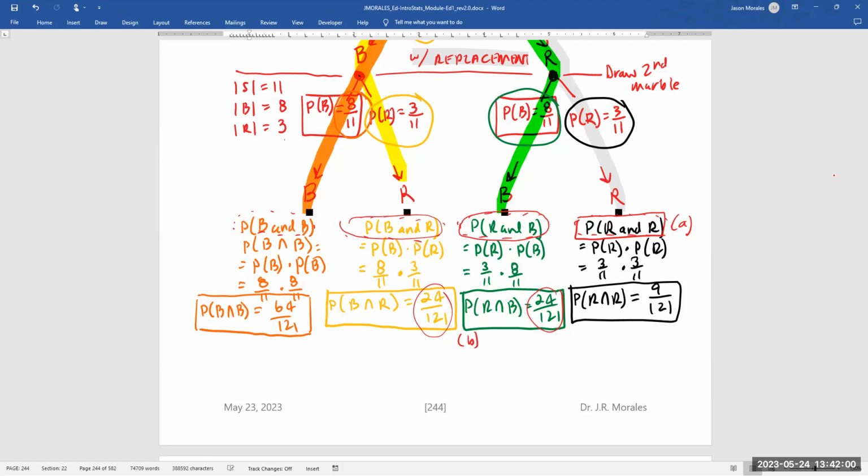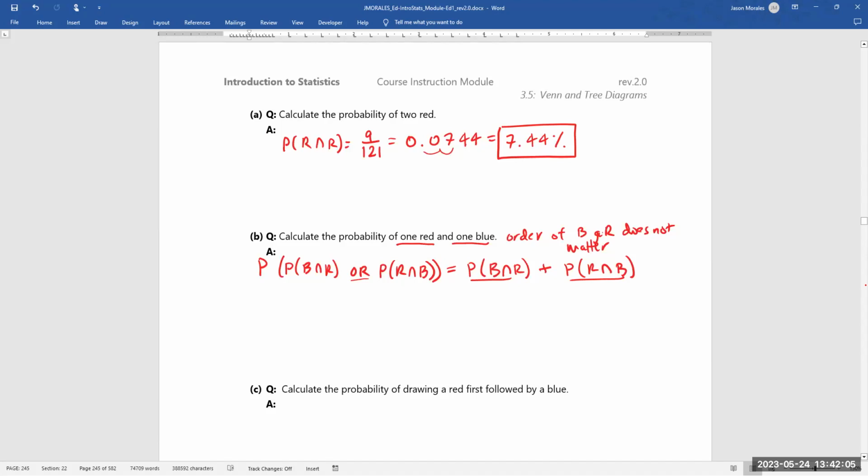So that's for part B. So let's go down. So the probability of blue intersect red was 24 out of 121, and we're going to add 24 out of 121, which gives us 48 out of 121.